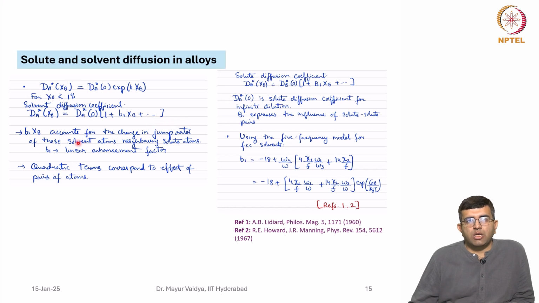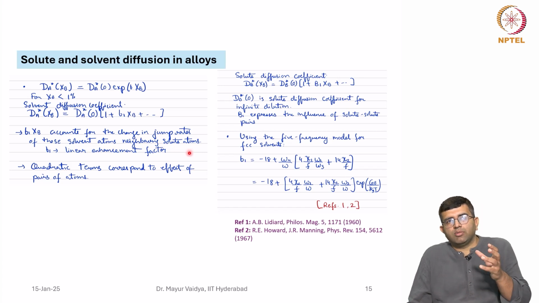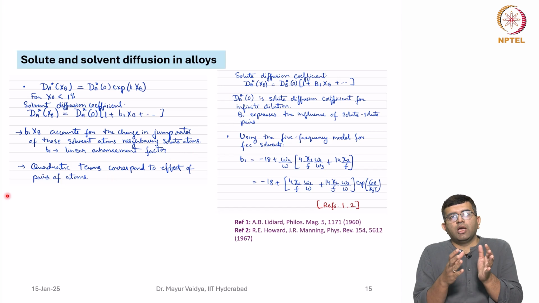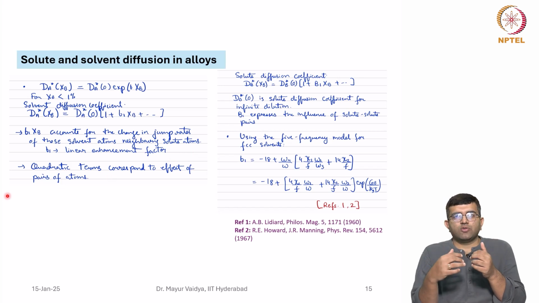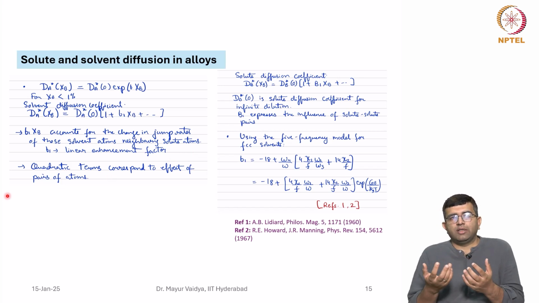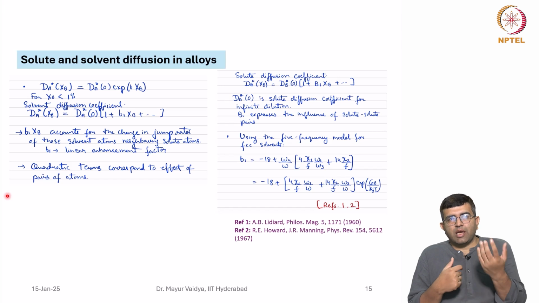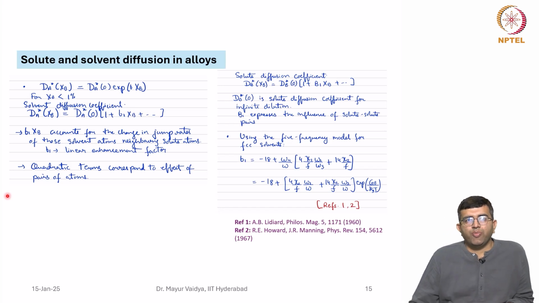The B1 XB accounts for the change in jump rates of the solvent atoms neighboring the solute atoms. So that means if a solute is present near the solvent, how the vacancy exchange rate of solvents is changed is what is captured in this product B1 XB. Quadratic terms correspond to the effect of pairs of atoms.